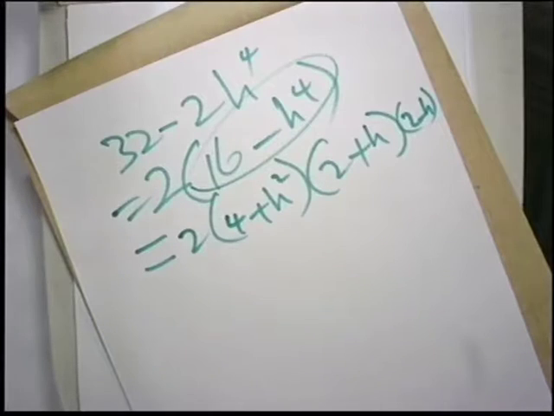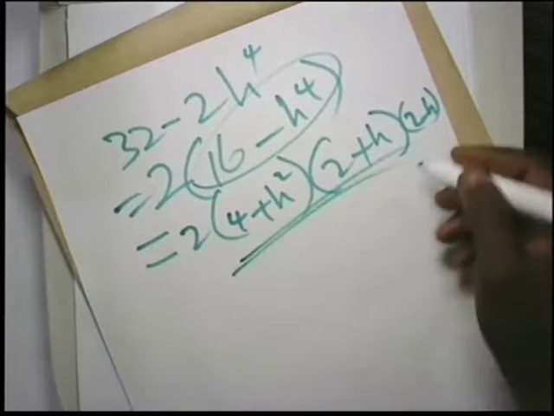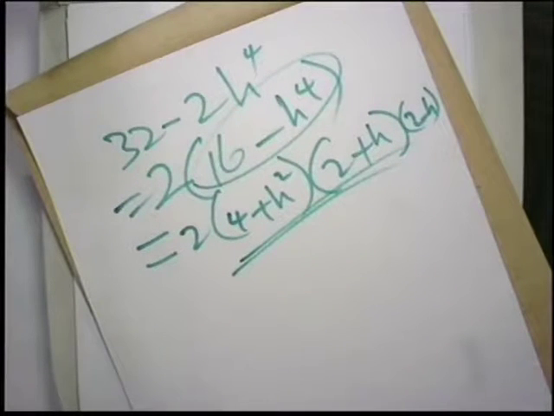From there, you can't go further, so you factorize, then you stop at this level, because you can't go further from here. So that is what we are trying to say there. If you are asked to factorize completely, that's what we are trying to do there. Let's go further.